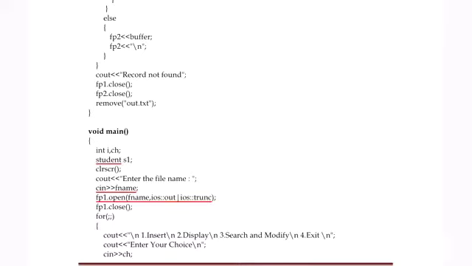Now, in your infinite loop, we are giving the multiple choices we have in our program. So, we have insert, display, search and modify. The user is asked to enter a choice. Depending on the choice of the user, a different operation will be performed.